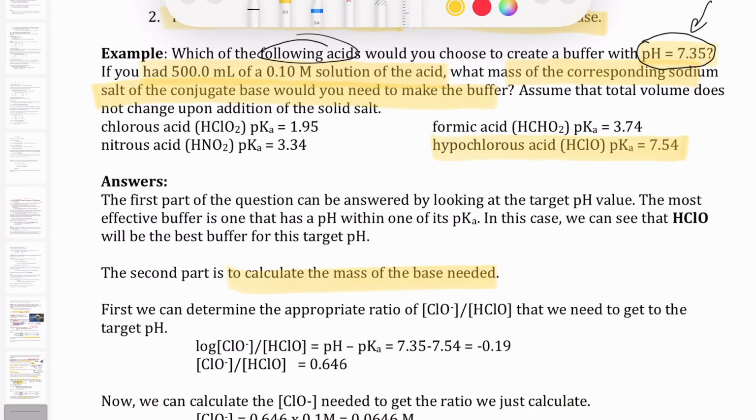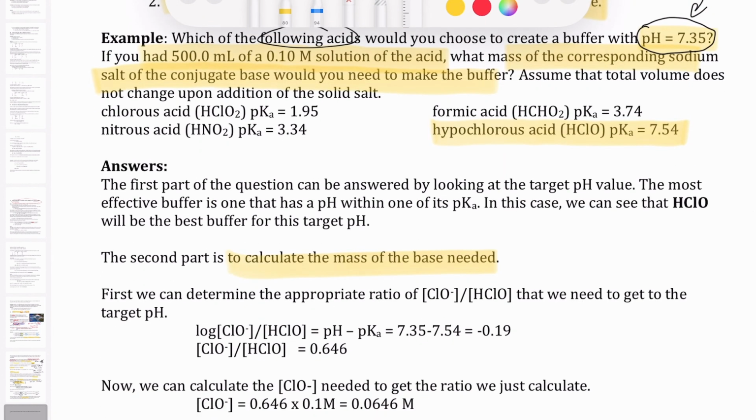The second part of the problem is to calculate the mass. Okay, so this will require you to use your Henderson-Hasselbalch equation. So the idea being that, okay, pH is equal to pKa plus the log of A minus over HA. Now, I know that my pH is supposed to be 7.35. My pKa is 7.54 because I'm using that hypochlorous acid as my buffer system.